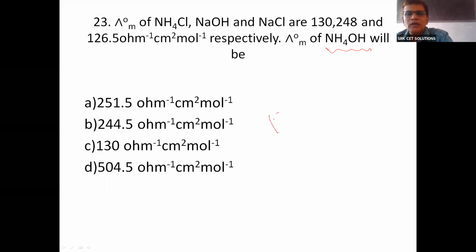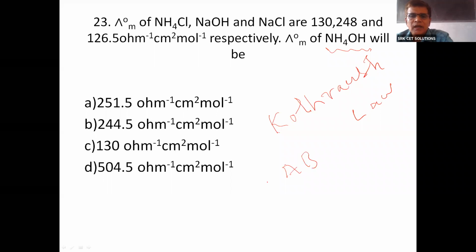Here we make use of the law known as Kohlrausch law. According to that, if it is an electrolyte AB and you want its limiting molar conductivity, that is taken as a sum of the molar conductivities of the two ions, A plus and B minus. So lambda naught A plus plus lambda naught B minus.